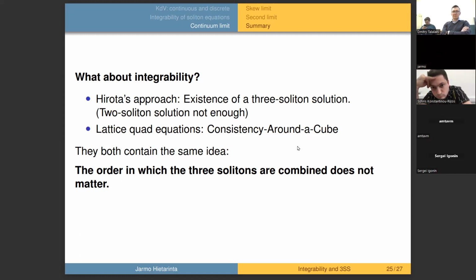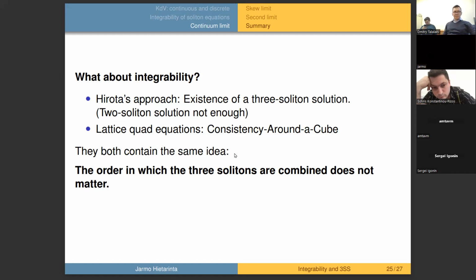I might add that consistency around the cube is a little bit weak in form, because if you have several different equations on the sides of the cube, then you can have consistency without integrability. So I think in this case, the existence of a good Backlund transformation is the stronger requirement.